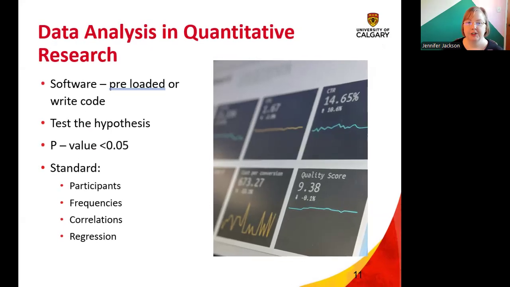Within each of these different pieces, we have different designs. The next video is going to go through what all the different research designs are, but across all of them, a lot of these first principles are quite consistent. So the samples are generally large, whether you're doing a randomized controlled trial or a prevalence study.